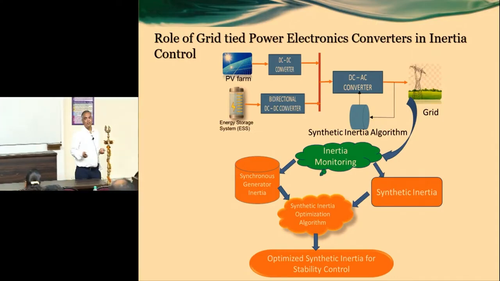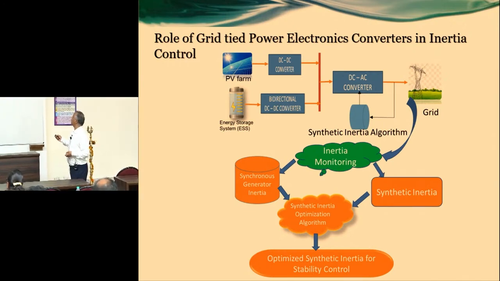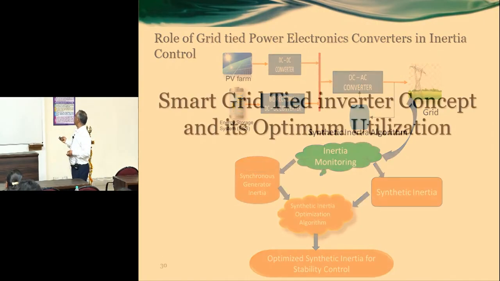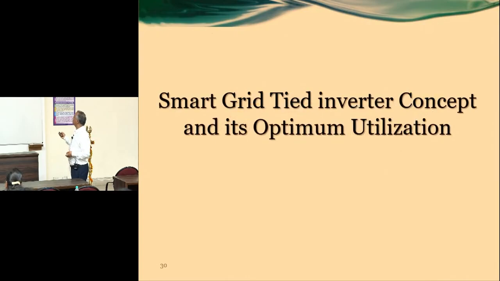So that is the problem that you are having: solar, wind, DC-DC converter, AC-DC converter, then again a DC to AC inverter. This is the system which is supposed to be controlled effectively. So that's the concept which I have given, the smart grid-tied inverter concept and its optimum utilization.